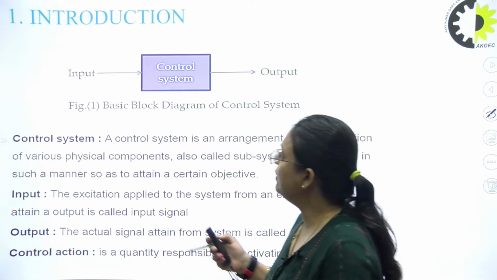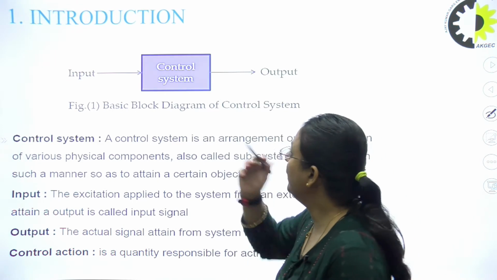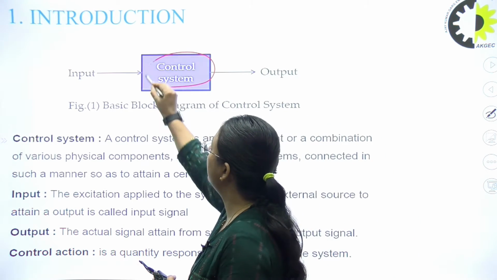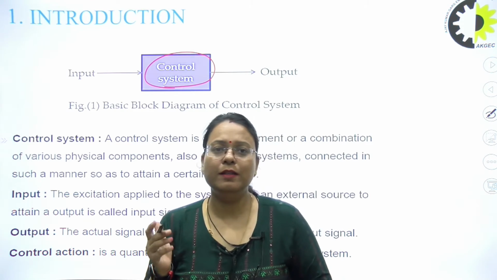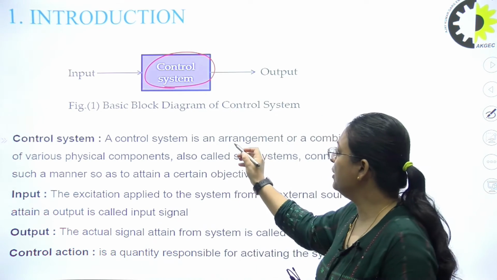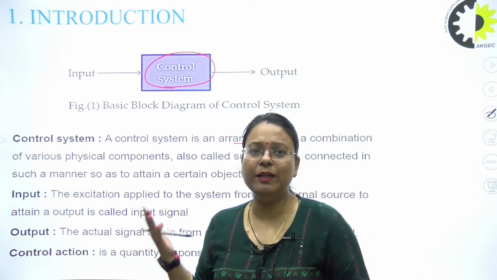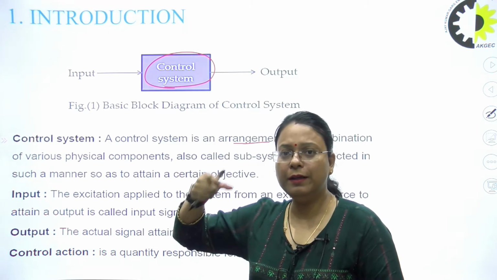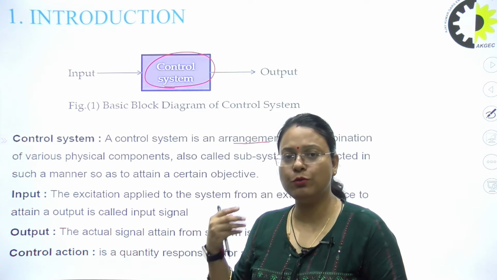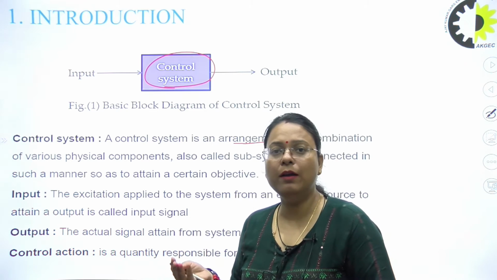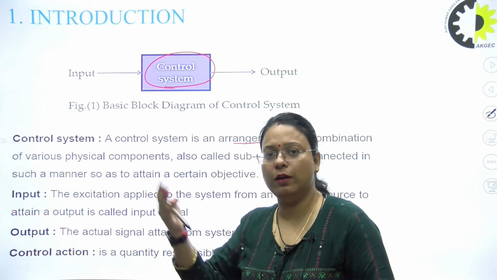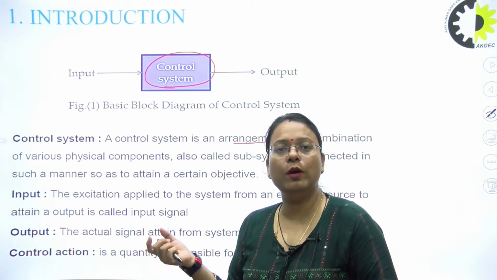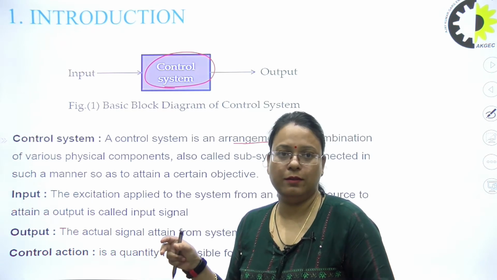So what is actually a control system? You can say this control system is a combination or an arrangement of various physical components which are connected in such a manner so as to regulate or to command itself or other objects, so as to achieve a particular task.